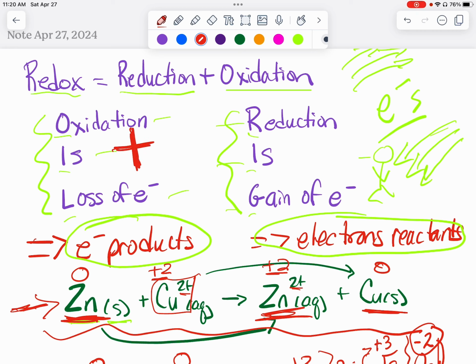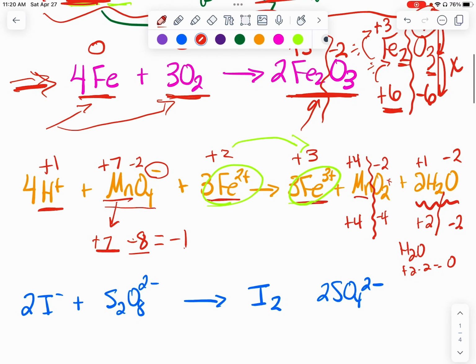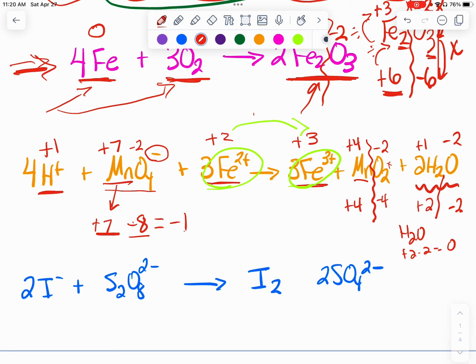If your charge is becoming more positive, you're being oxidized. If your charge becomes more negative, you're being reduced. So we can say that, oh, iron is being oxidized. It's losing electrons. Well, who's being reduced then? Oh, look at that. Mn went from a +7 to a +4.